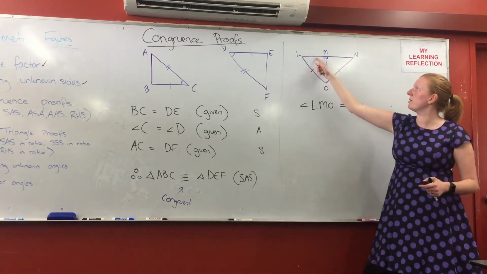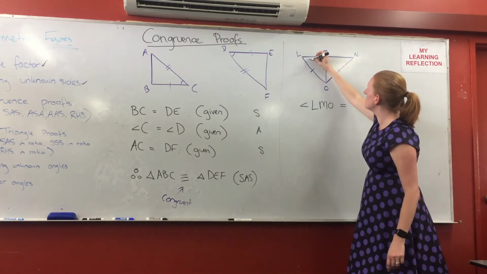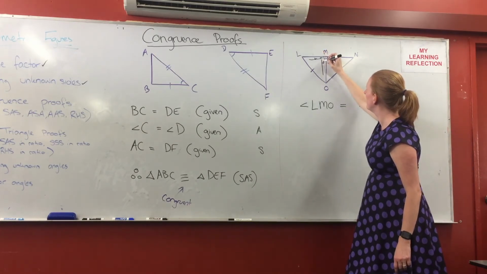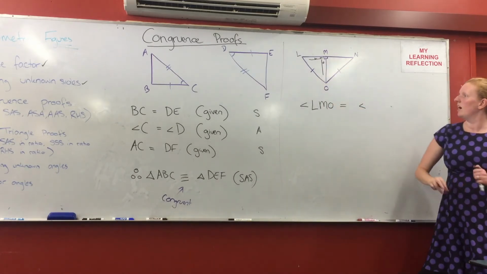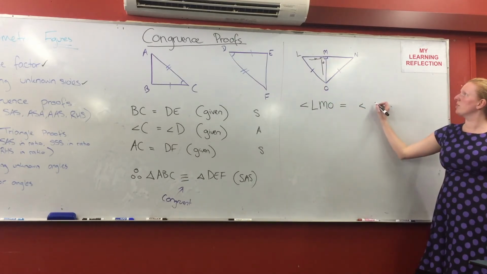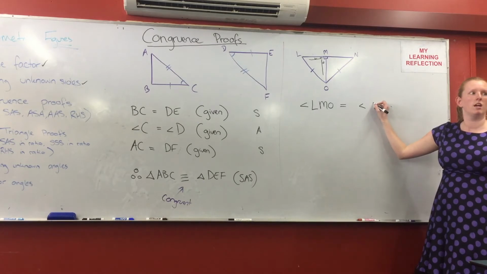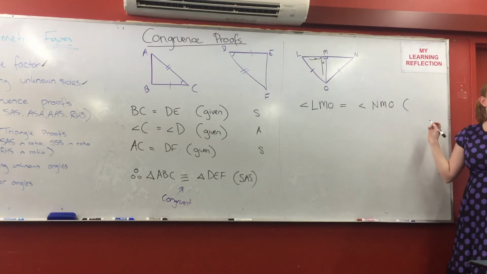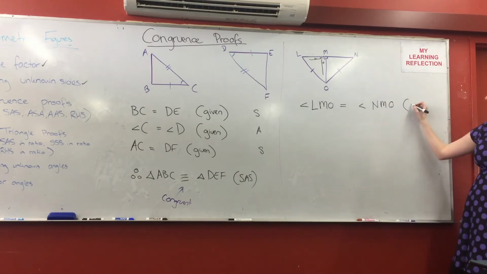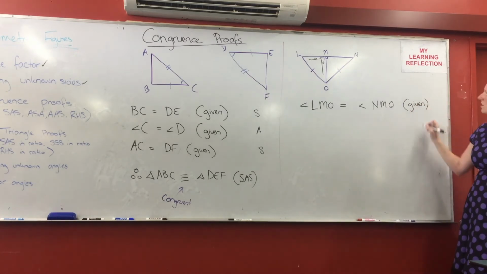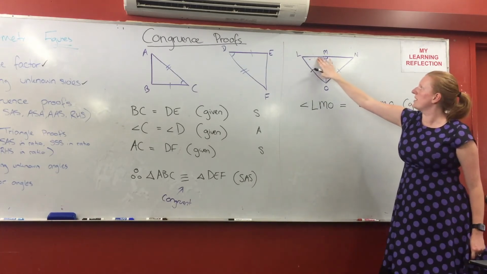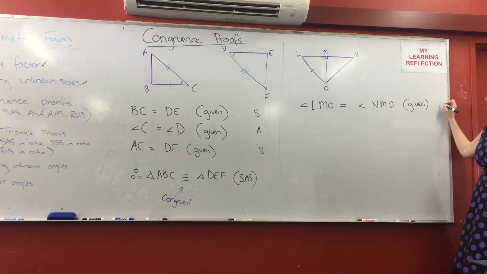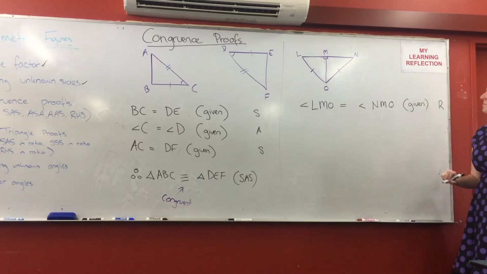So I want to just talk about this side here, so it's called LMO. So LMO is equal to NMO, and how do I know that? Because it's given. Cool. I'm going to rub that out just so it doesn't confuse you. So that's my right angle.